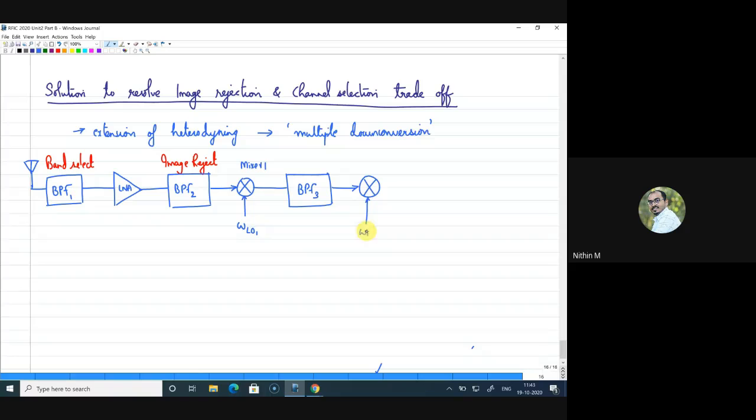So there I'll introduce one more local oscillator frequency. So the idea of this multiple down conversion is a filter followed by these two mixers, just to shift the center frequency in two stages. So this is omega LO2, and that will be followed by another filter over here.